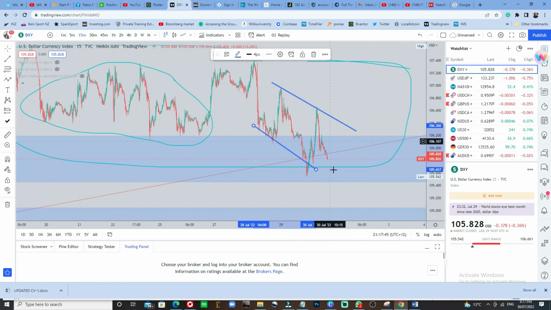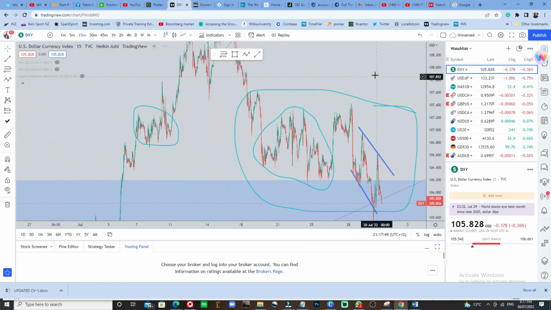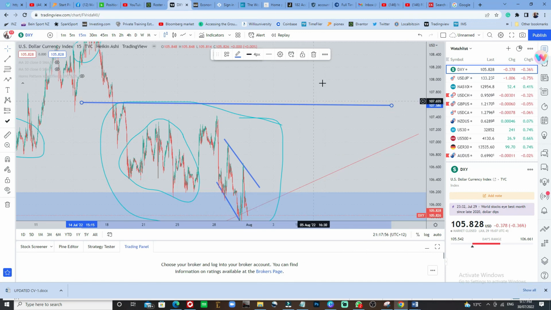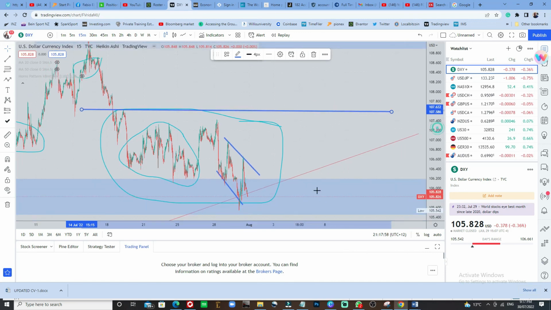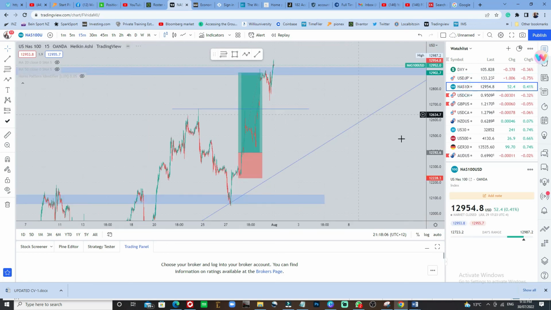I still expect the market to be weak. It's showing signs of weakness until the US dollar begins to break through all this level. If it doesn't come up to this level, then it's still going to be a sell, really. The US dollar is getting weak, and it means that NAS is going to be pushing to the upside.